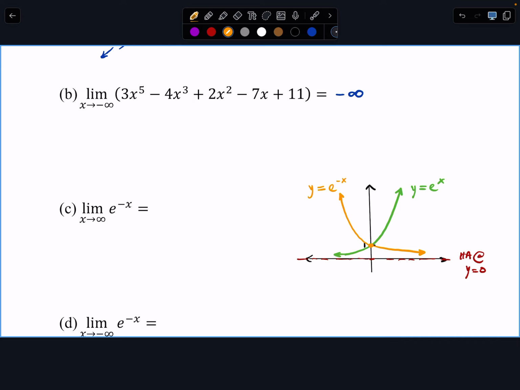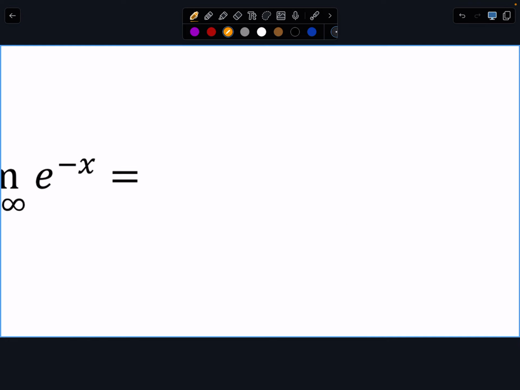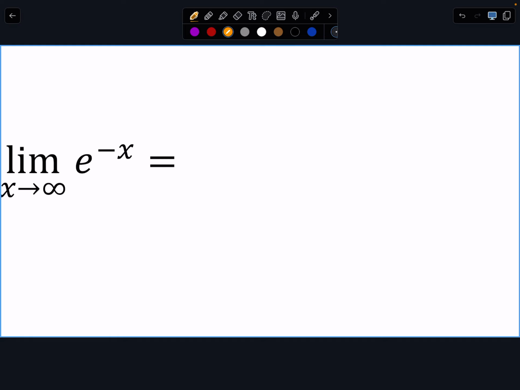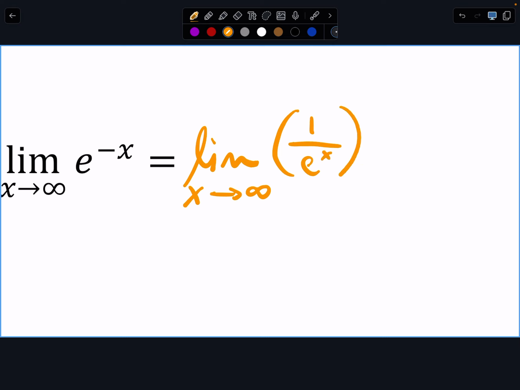Yeah. The other approach, so you could bring in some of your new knowledge about limits and limit properties, is you could go, hey, how could I rewrite e to the negative x? Using exponent rules, as 1 over e to the x.